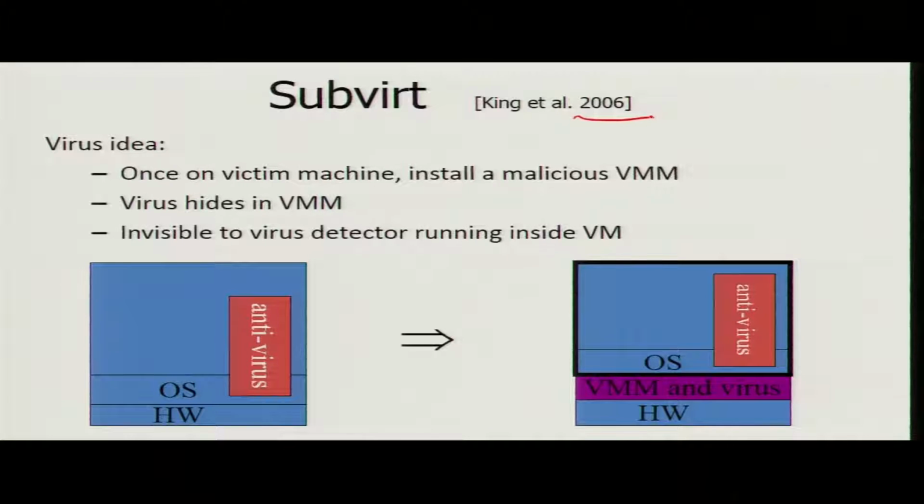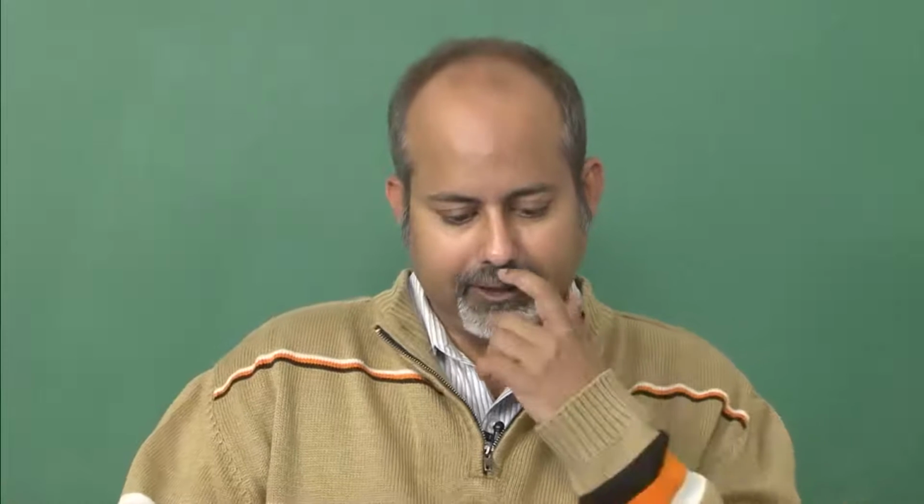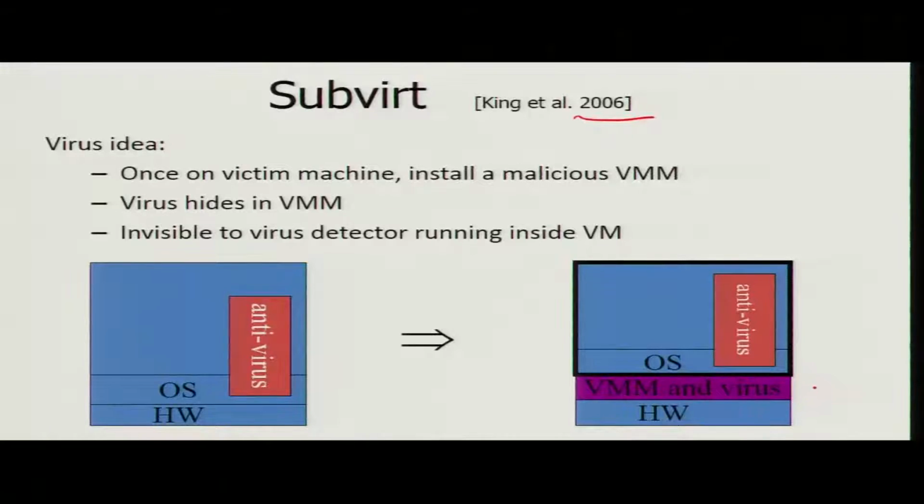So earlier you were running an operating system and applications on the bare hardware, and you have the antivirus checking for viruses and malware, and then by running some programs surreptitiously one can insert a VMM and a virus resident in the VMM.